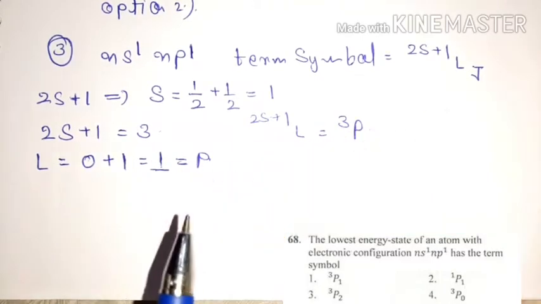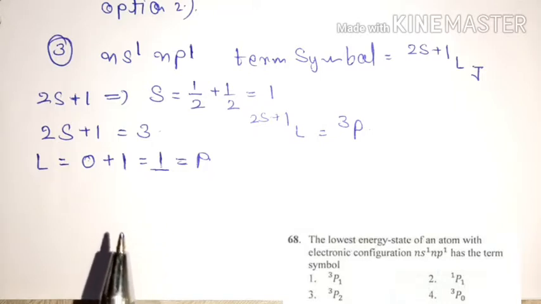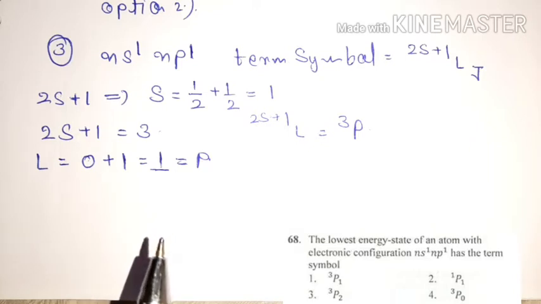Now you must find the value of J. Friends, for finding the J value we have 2 conditions, and this depends on the filling of orbitals.